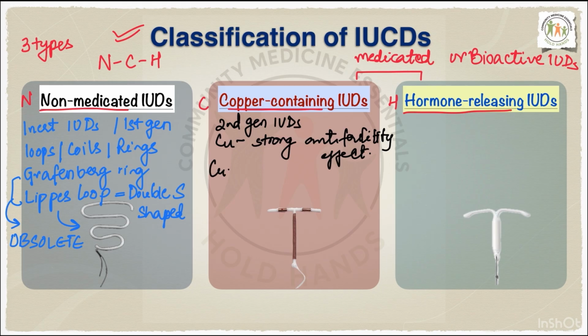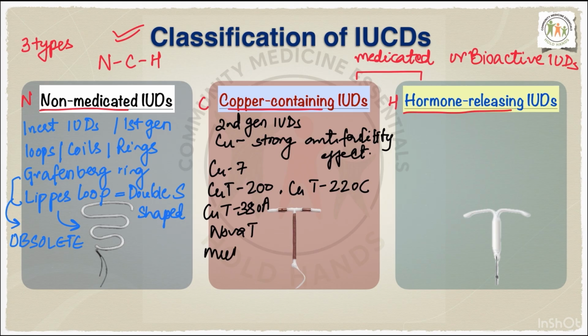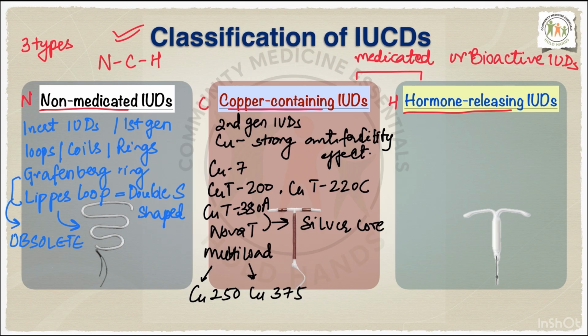Devices available are copper 7, copper T 200, copper T 220C, copper T 380A, Nova T, multi-load devices like copper 250 and copper 375. Copper T380A and Nova T have silver core.